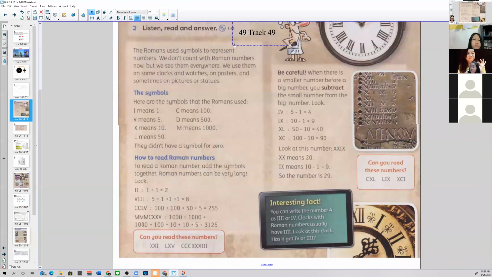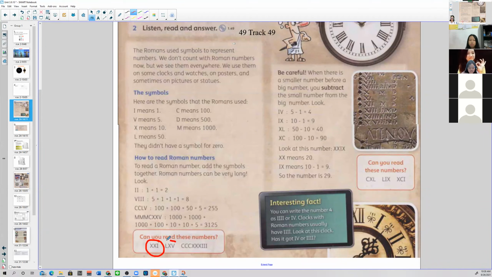Can you read these numbers? Can you read this number? XXI, what is it? What number is XXI? X equals 10, right? 20, 21. Good.